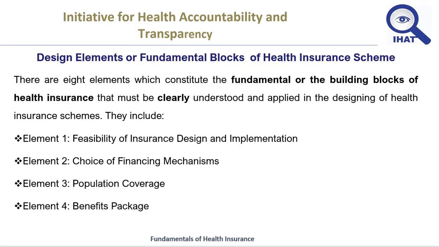There are basically 8 elements which constitute the fundamental or the building blocks of health insurance, and this must be clearly understood and applied in the designing of the health insurance schemes.